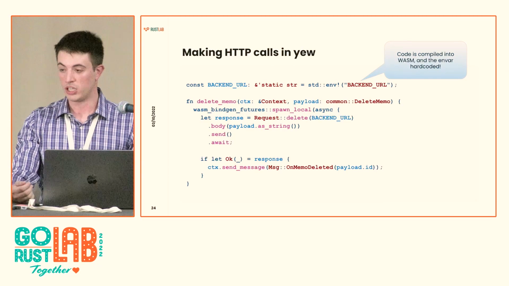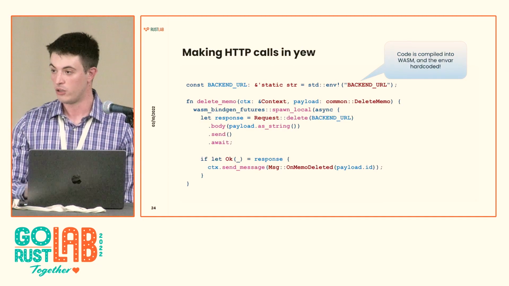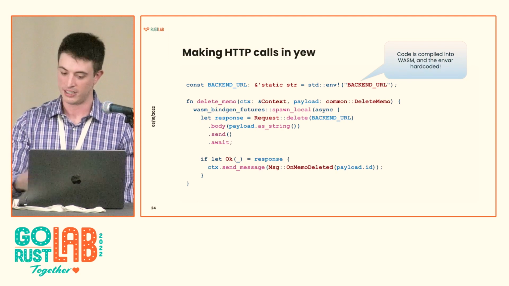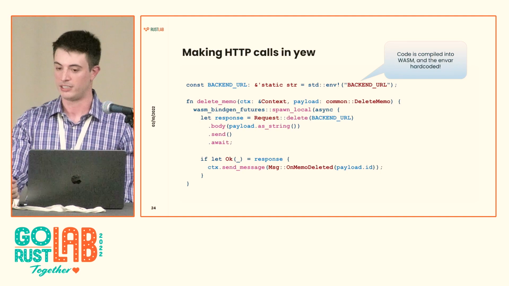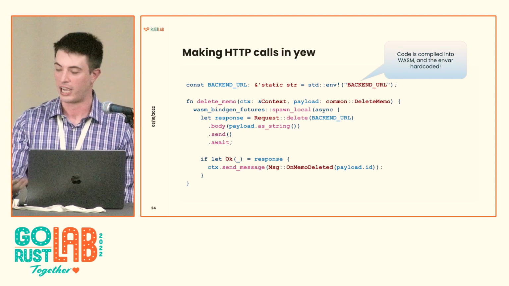So what you can do is either do it at compile time, as I've done, or you need to basically do server-side rendering. So when you serve the WASM bundle, instead of passing this hard-coded value, you interpolate it when you serve it, and then you can do that at runtime.